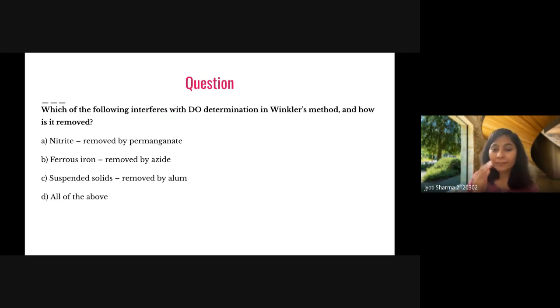That kind of parameter can cause disturbance or interference with the Winkler method. So you have to add some chemical into your flask so that the interference can be avoided. So you have to tell me firstly what kind of interference we may have whenever we are determining the dissolved oxygen, and then how we can remove it.